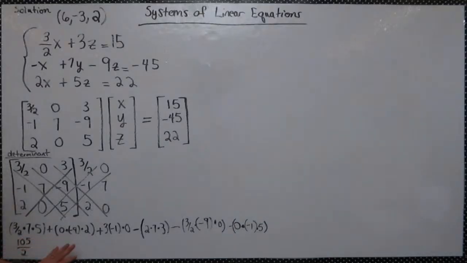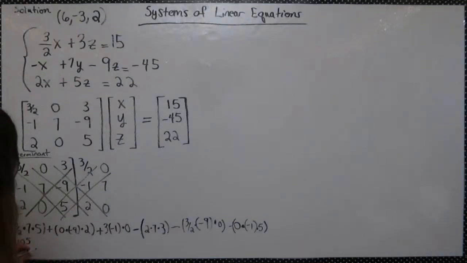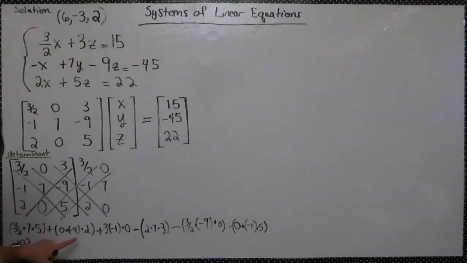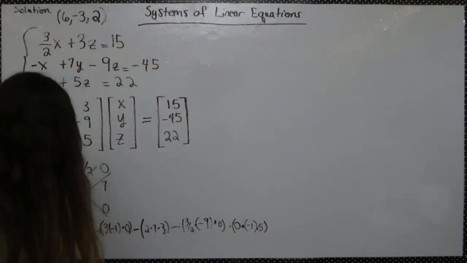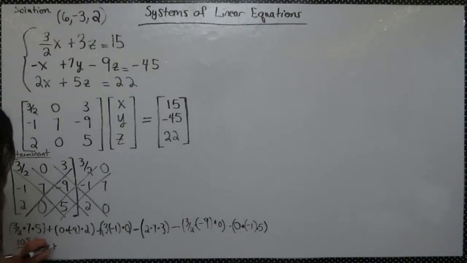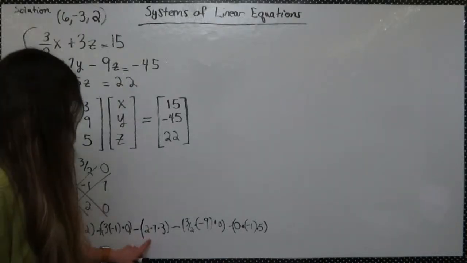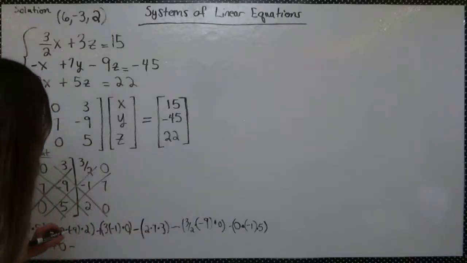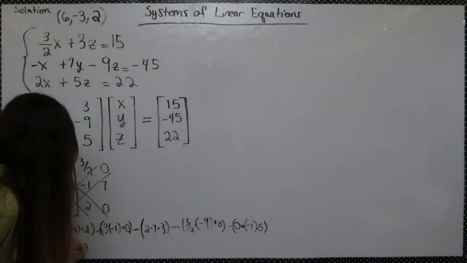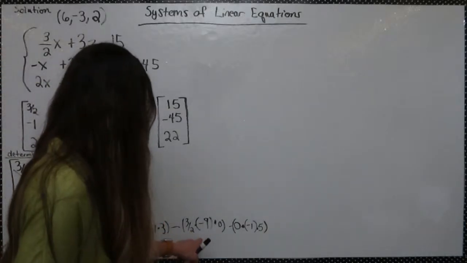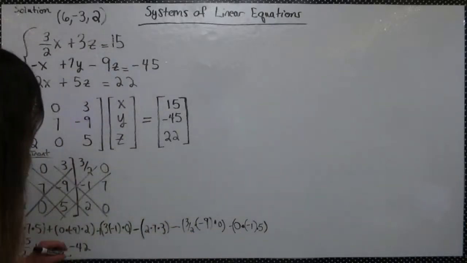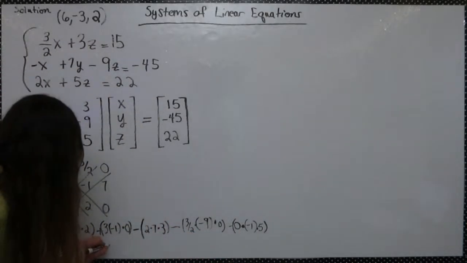And then this is 0. This is also 0. Look, I didn't use parentheses. Let's stay consistent. Plus 0 minus 2 times 7 times 3. So that's 6 times 7. That's 42. And then I have 0 and 0. Minus 0, minus 0.